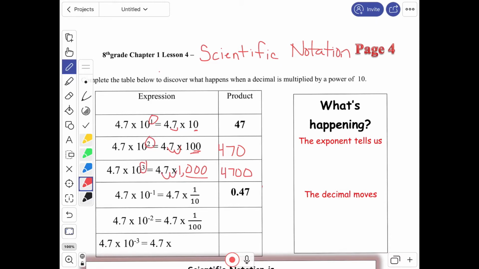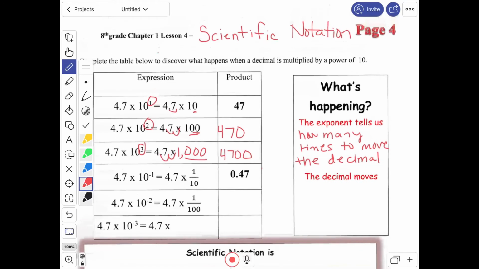I moved the decimal 3 spaces, and there was an exponent of 3. So the exponent tells us how many times to move the decimal.